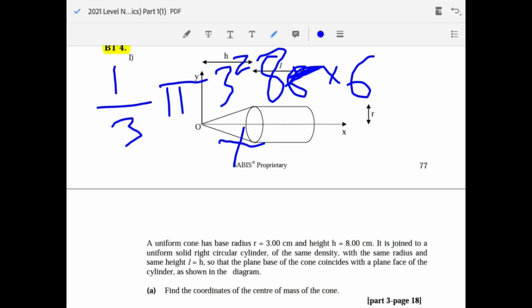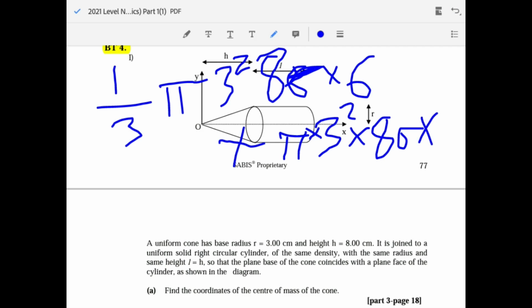Now plus the cylinder, so pi r squared times height, so pi times 3 squared times height, which is 8. That's the volume times density, which gives the mass, multiplied by the center of mass x value, which is h, 8, plus L over 2, which is 4. So 8 over 2 is 4. So you get 12.